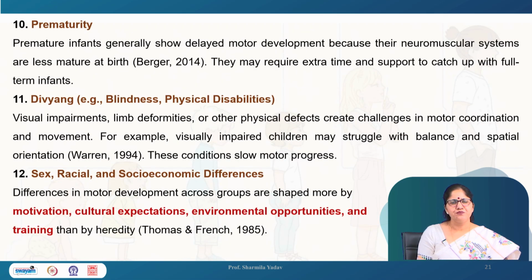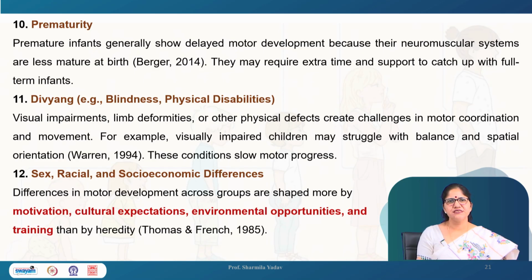Prematurity. Premature infants generally show delayed motor development because their neuromuscular systems are less mature at birth. They may require extra time and support to catch up with full-term infants.